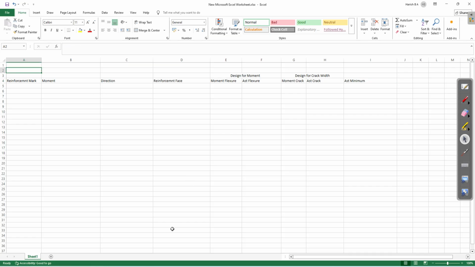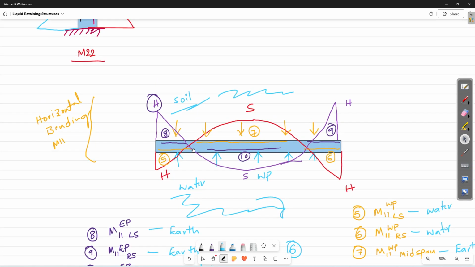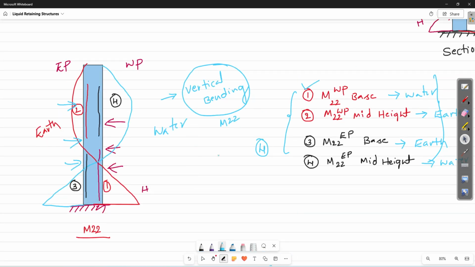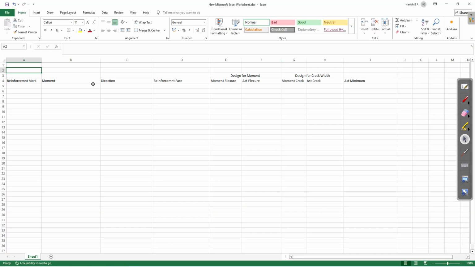Okay, so in the noteboard, I have taken a 10-meter long wall. So this is wall 1, W1, that is the 10-meter long wall.